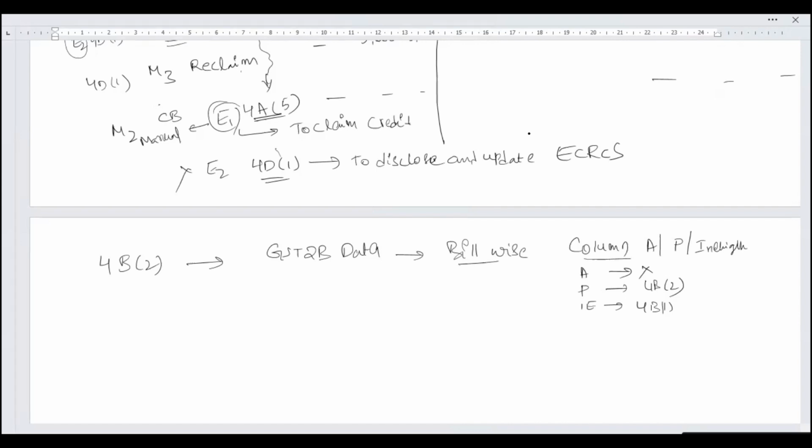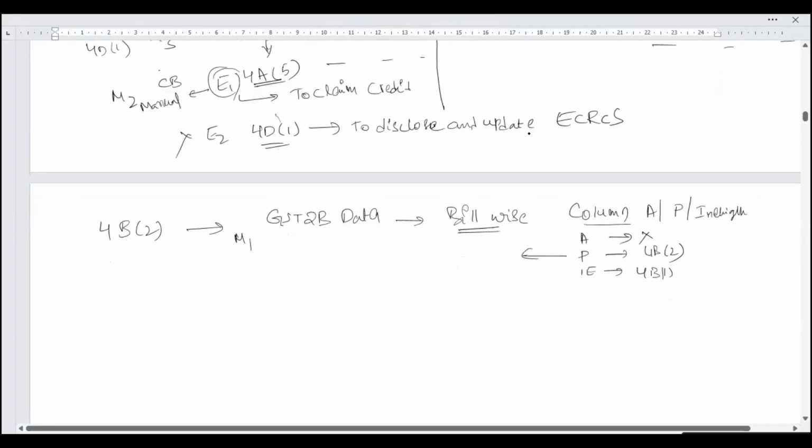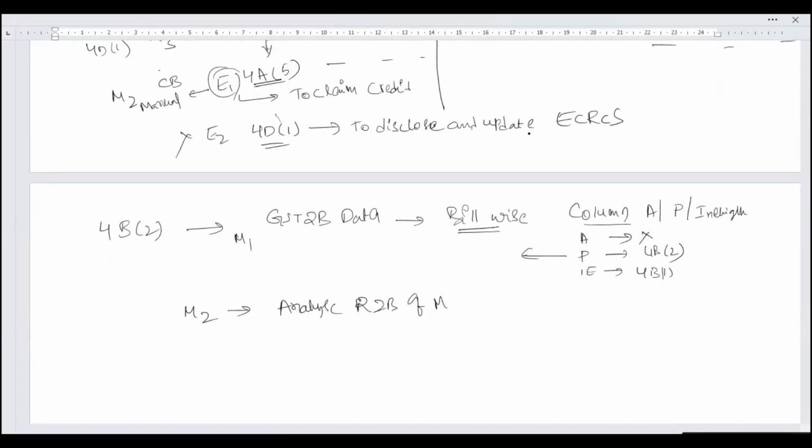So bill-wise, I'll keep track of this pending data. Say this is for month 1. In month 2, when I start, the first activity I'll do is analyze GSTR2B of month 2.